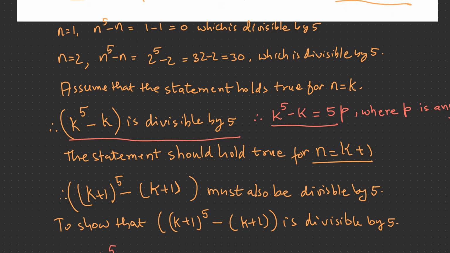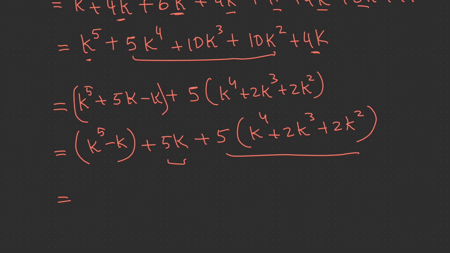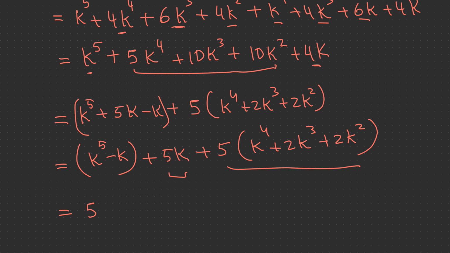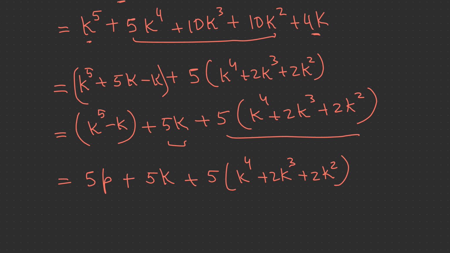So I can say that's equal to 5p plus 5k plus 5 times k to the power 4 plus 2k cube plus 2k square, and I can comfortably say which is divisible by 5.